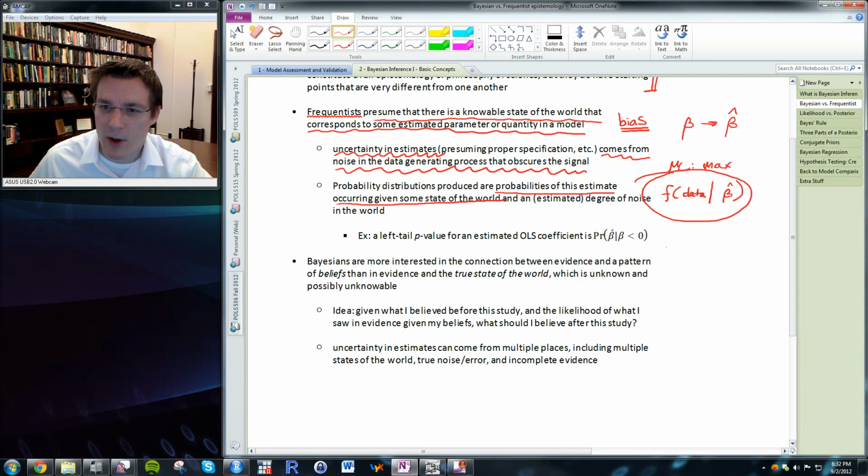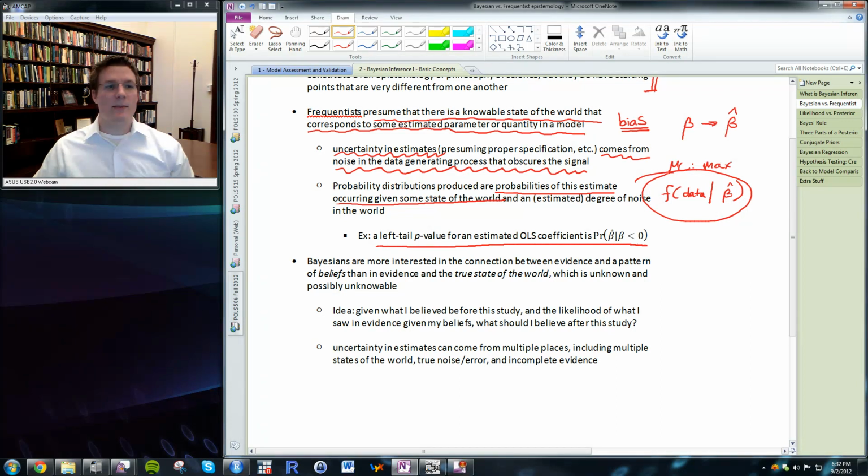For example, we can estimate uncertainty around a beta hat, and we can represent that uncertainty in p-values, but a p-value is not a probability that beta is some particular value. That probability is instead the probability that we observed this particular beta hat given that the true beta is equal to some quantity or less than some quantity or whatever.